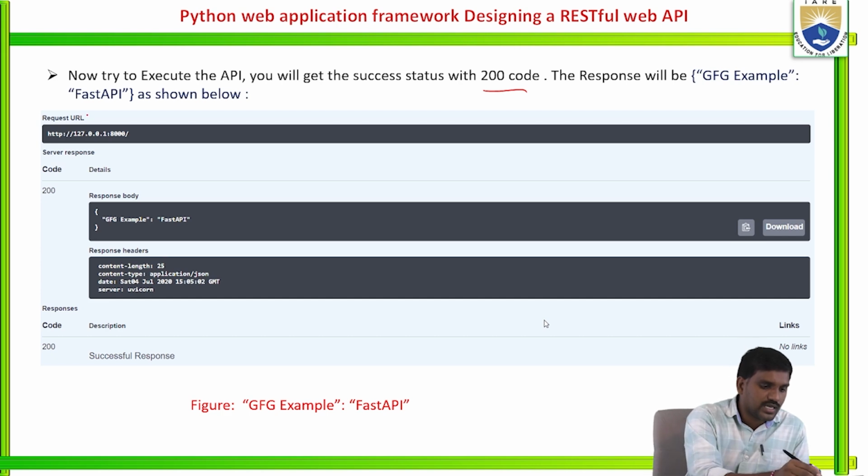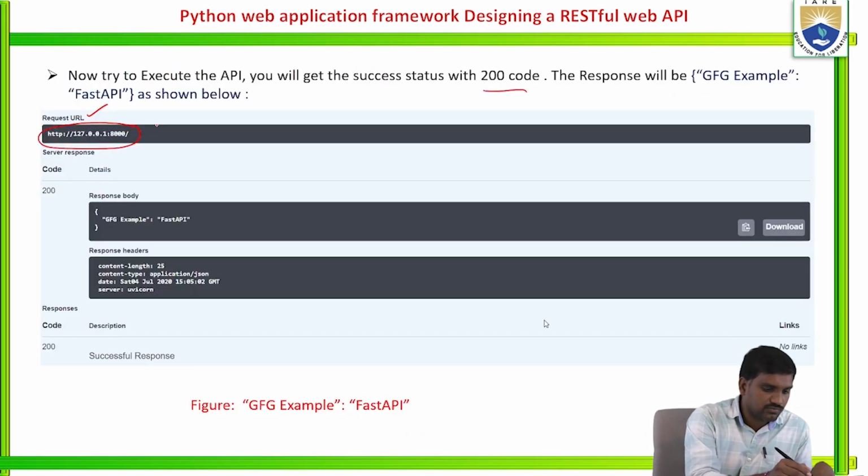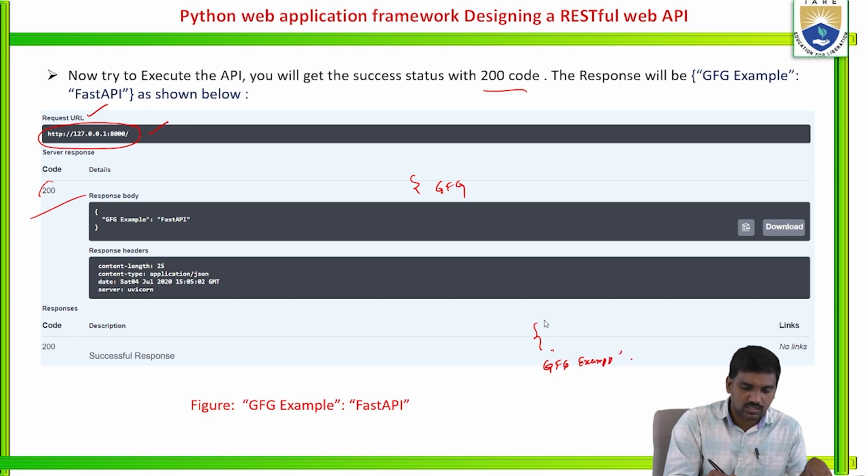Here is the request URL based on HTTP, localhost:8000. The server response is code 200, with the response body: curly bracket, GFG first example here by using FastAPI, close curly bracket. The response code shows a successful response from FastAPI.